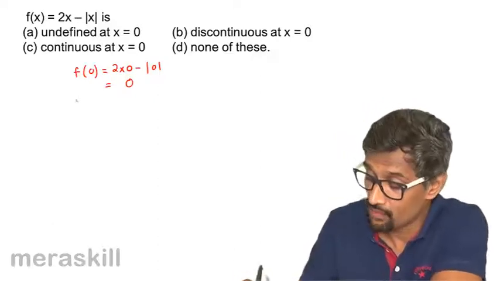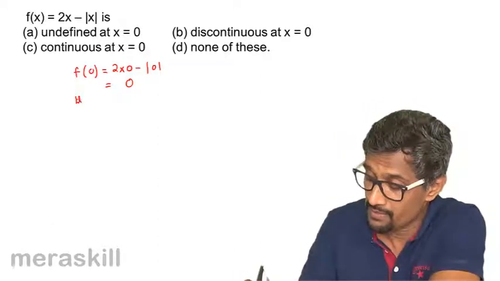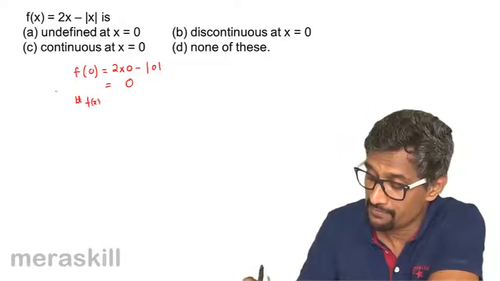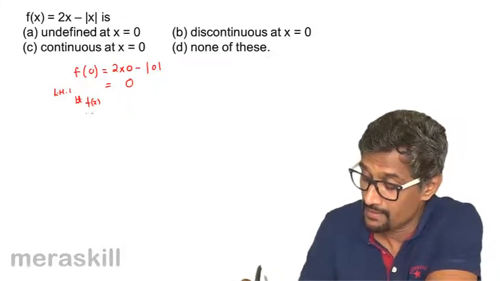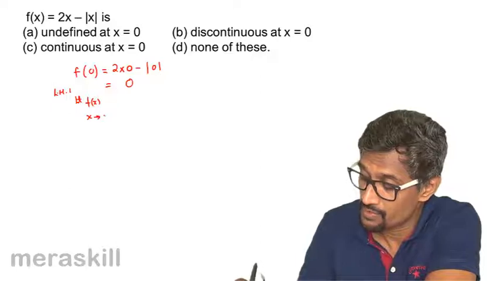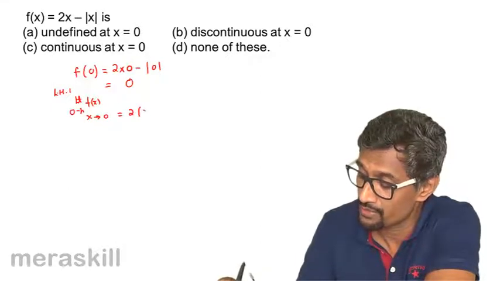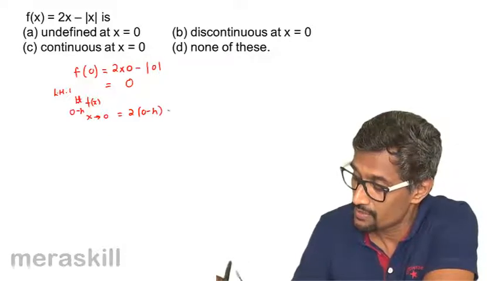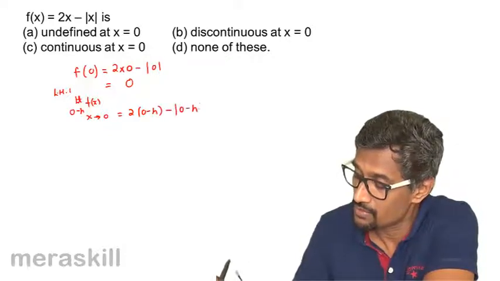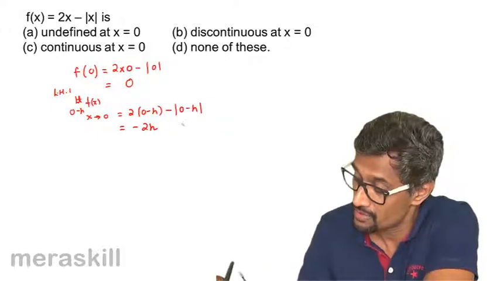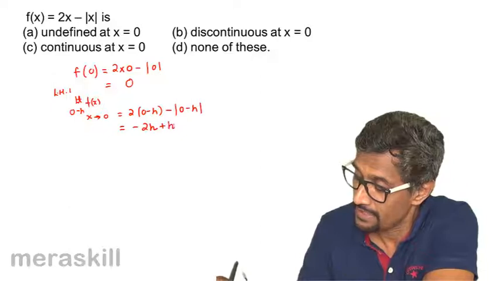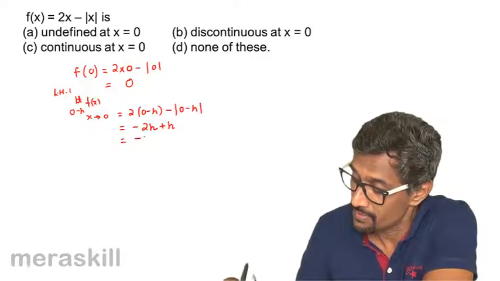Now let's see the limit of f of x, the left-hand limit, as x approaches 0 from 0 minus h. This will give you 2 into 0 minus h minus the absolute value of 0 minus h, which will be minus 2h plus h, which is minus h.